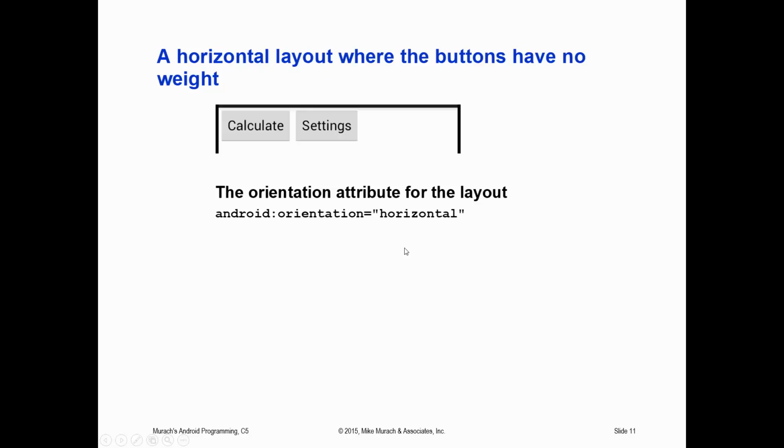So oftentimes you'll make the text view, our label, just as big as it needs to be to hold whatever it's supposed to say, and then you give your edit text, in other words your text box, a higher weight so it stretches and it's longer. There's also gravity, which you could use to align something to the top, bottom, left, or right of its layout. And the only way that you'll learn this stuff is to play with it.